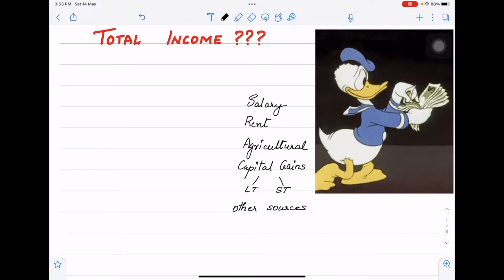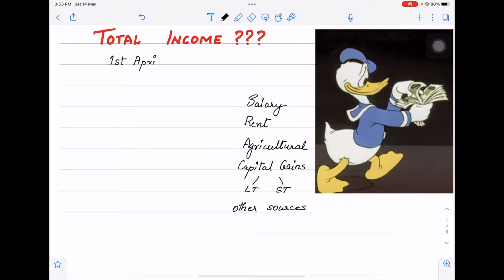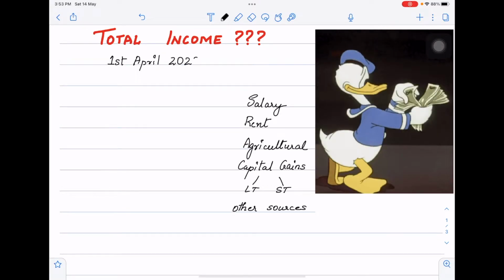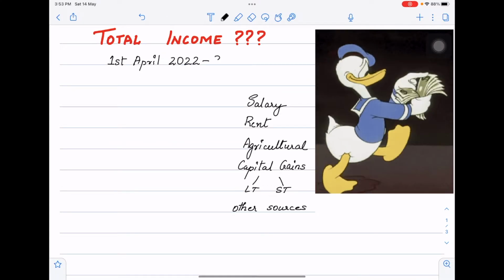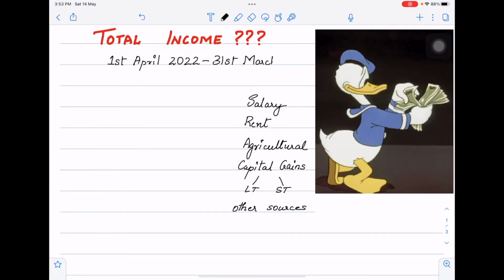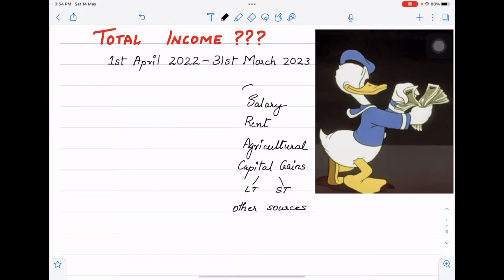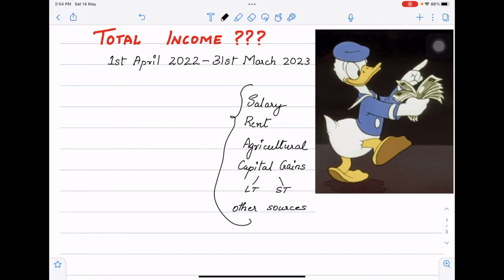So the current financial year started on 1st April 2022 and is going to end on 31st March 2023.